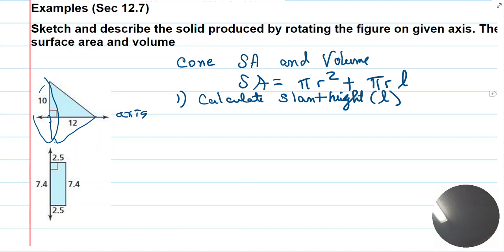And so I'm going to have 12 squared plus 10 squared has to equal my L squared. This is 144, and 100 equals L squared. So that's 244 equals L squared.